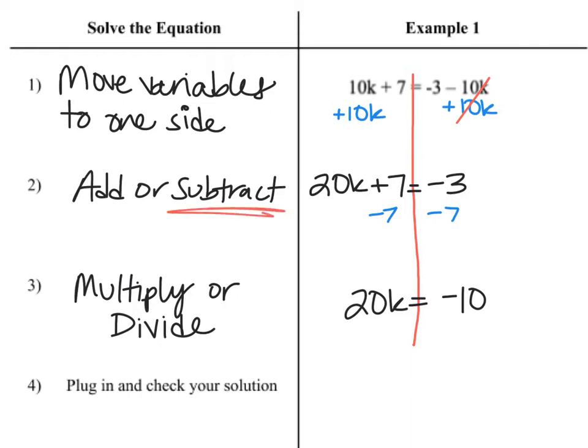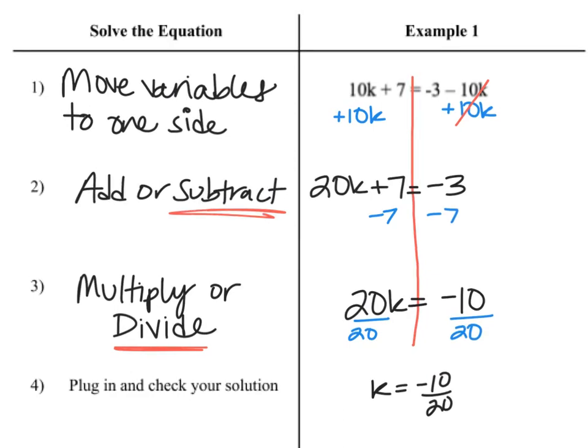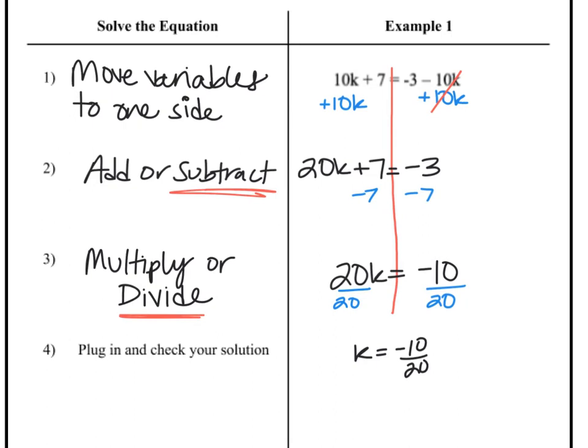Okay, so we subtracted here, and because I have multiplication, we're going to divide. So divide by 20 on both sides because we're getting k by itself. When I do that, I get k equals, now it's going to be negative 10 divided by 20, which gets you a negative 0.5, I think, if you put it in your calculator.